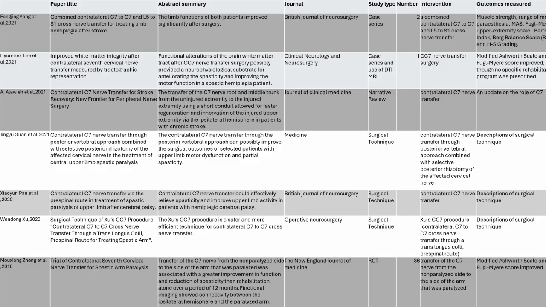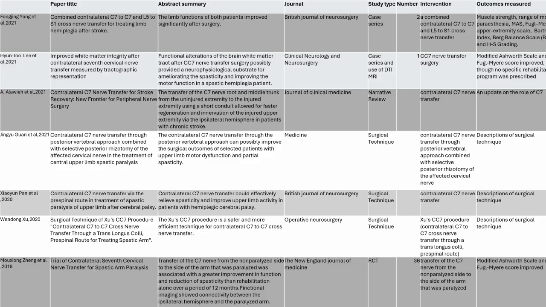A lot of the papers were also relating to surgical techniques of the contralateral C7: the paraspinal, the prespinal, the pretracheal, the prevertebral. There was only one paper on the use of both contralateral C7 and L5 to S1 transfer for hemiplegia.